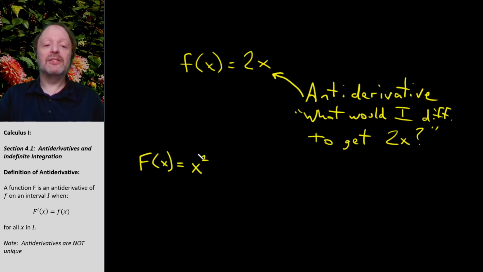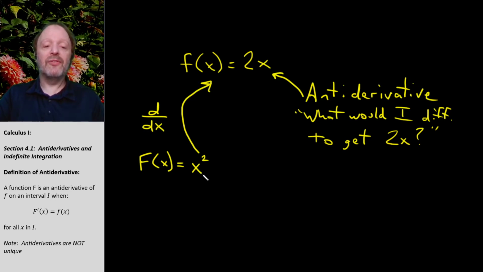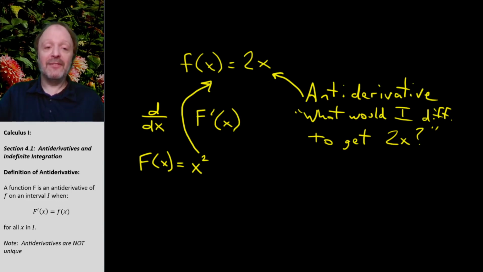So if I go this way and take the derivative, it's kind of a big F prime, right? The way that it's set up for the definition is a function capital F is an antiderivative when the derivative of capital F gives me back my original. And that's kind of what we were thinking from the get-go of what an antiderivative could be.